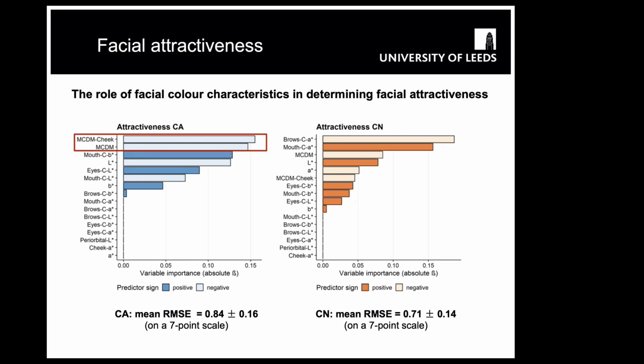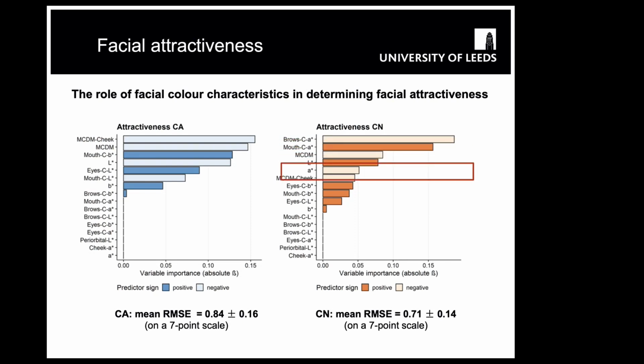For example, for the Caucasian, color variation is the most important, and color contrast for the mouth is not important. And for the Chinese, the most important is color contrast.